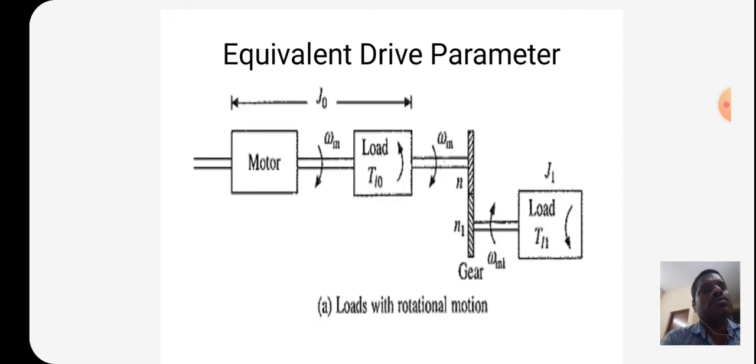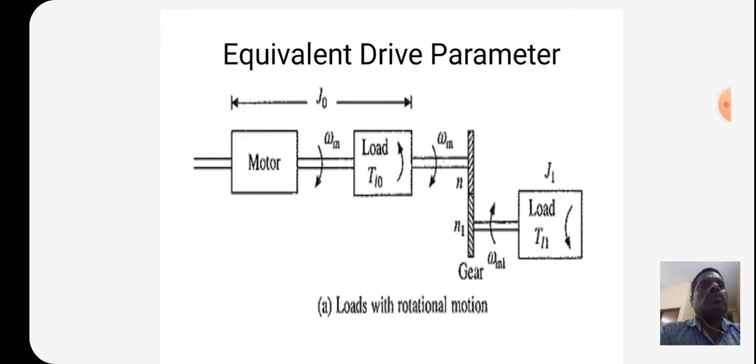And here are some parameters used: J naught is the moment of inertia of the motor-load system, referred to the motor shaft, in kg meter square.